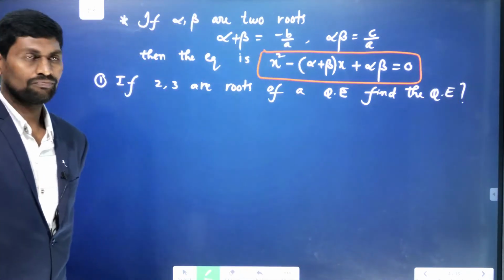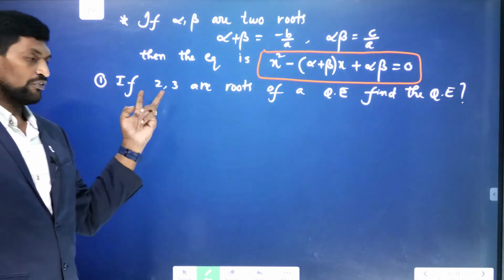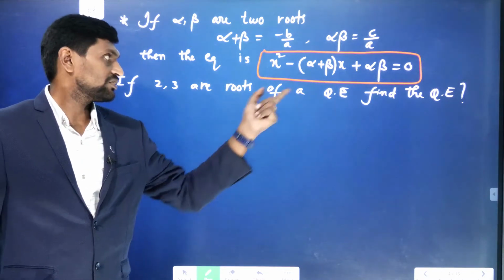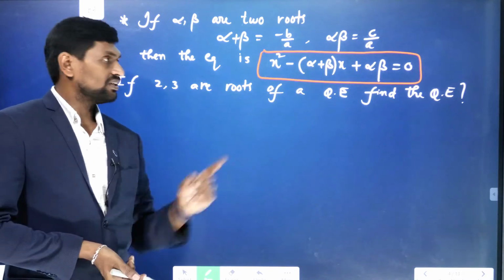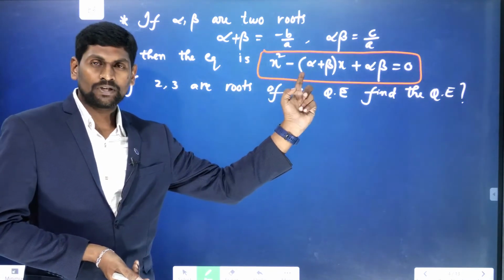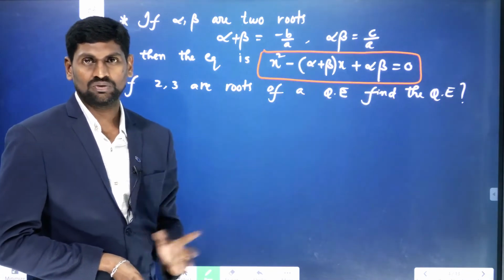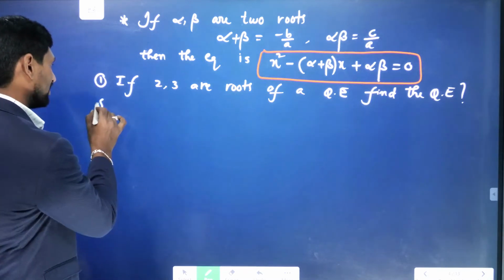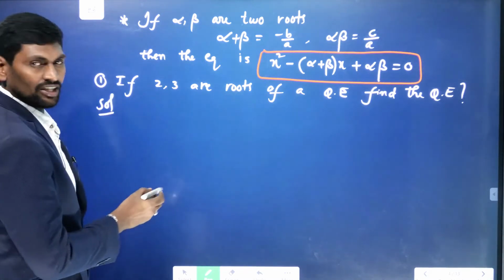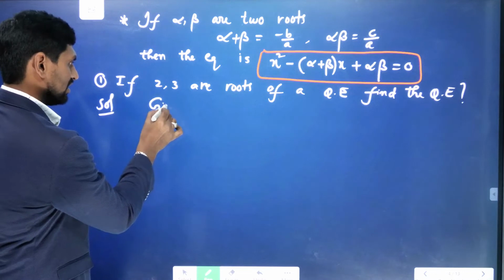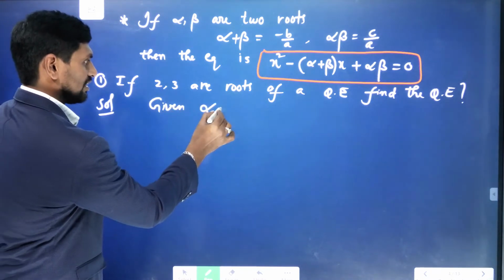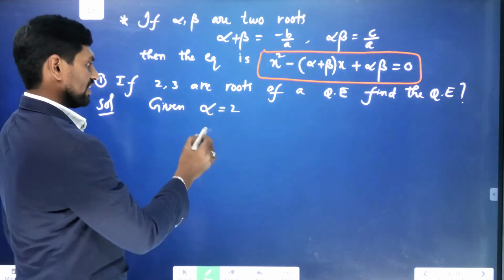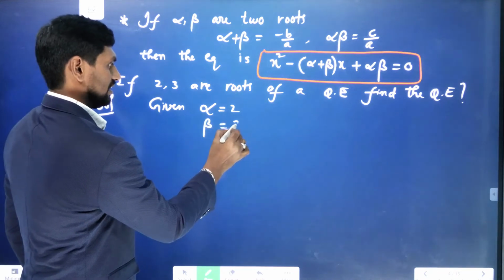Okay? Now see that one. If you already know the roots, we have to substitute in the equation x square minus (alpha plus beta) x plus alpha beta equal to 0. Now writing the solution. The given roots are 2 and 3. One I am taking as alpha, the second one is beta.